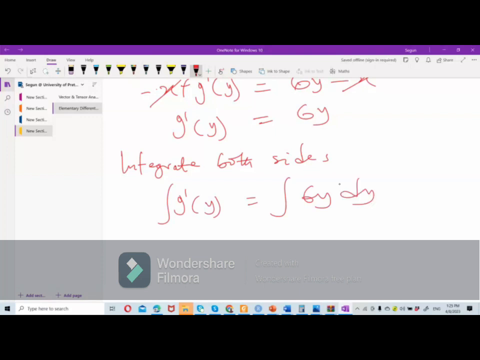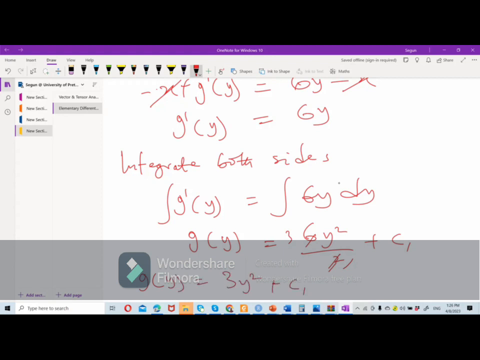If I integrate this one, I will have g of y equals to 6y squared over 2 plus c1. Let's call this c1. Or plus c, depends. So this one cancels, this is 1, 3. You have g of y to be equals to 3y squared plus c1.